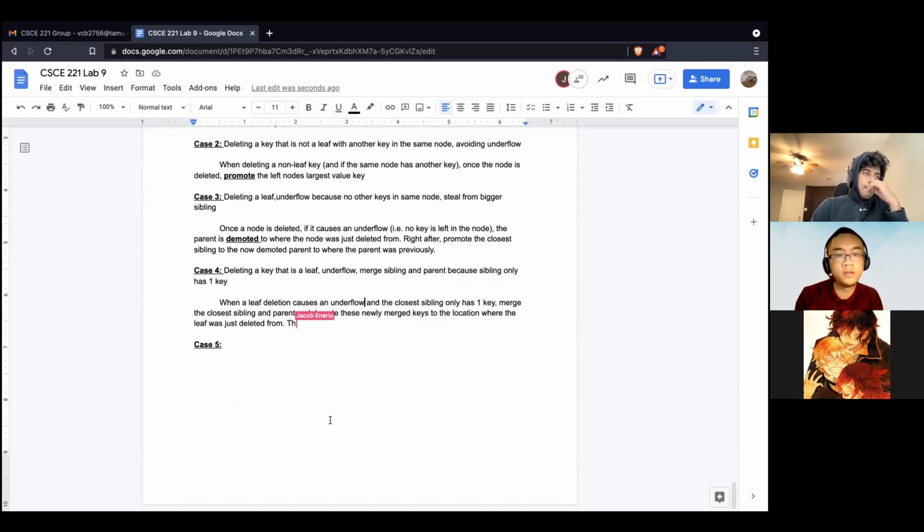And the reason we have to do this is that we can't steal from the sibling, because the sibling would become empty and another underflow would be generated.